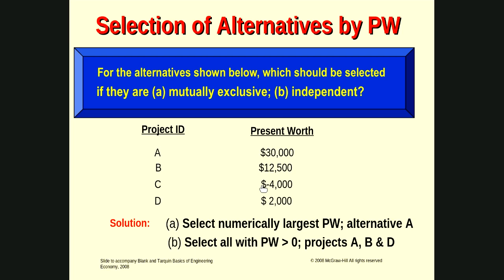Now for the projects that make profit, A, B, and D, if I need to select one of them, imagine I'm offering you a business project that generates 30,000 and another that generates 2,000. Which one will you select? You will definitely select the one with 30,000 because it has the largest present worth value.